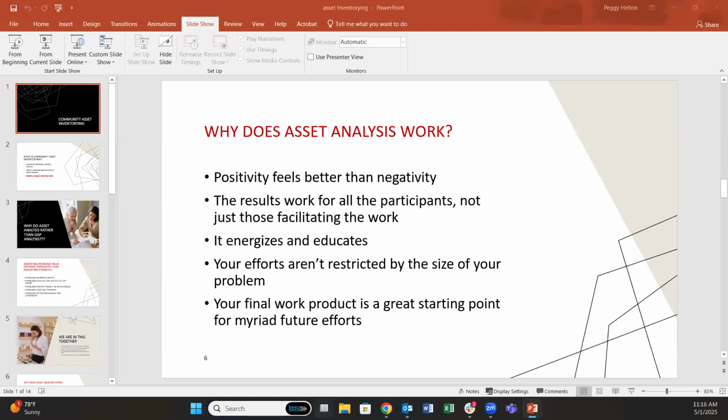So I think that the fact that positivity makes you feel better when you walk out of a meeting or a gathering than negativity shows you why this kind of analysis works. These are sessions that you leave feeling like this is something we can get through. This is something we can do together. I think the results work for all participants and not just those that are facilitating the work.